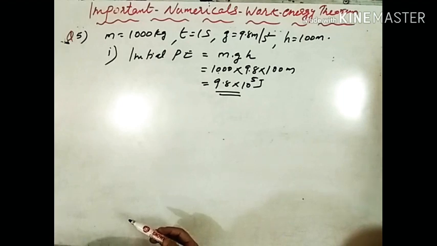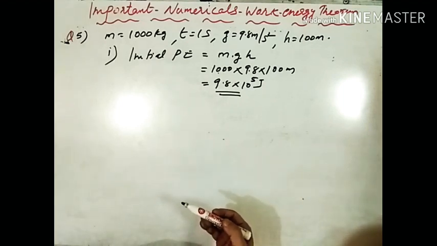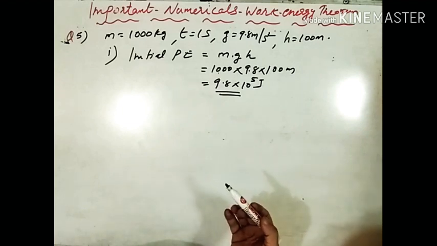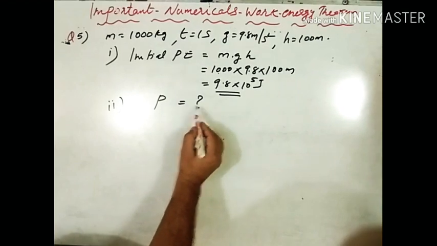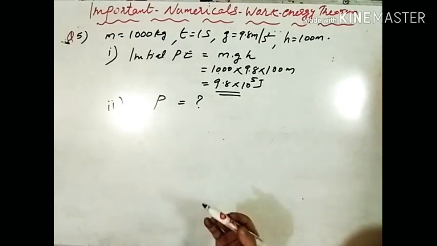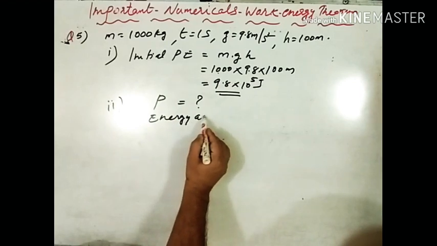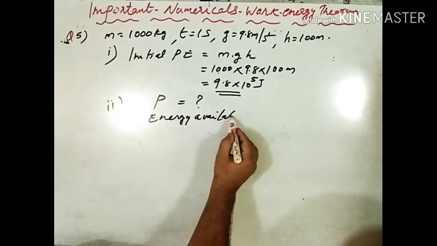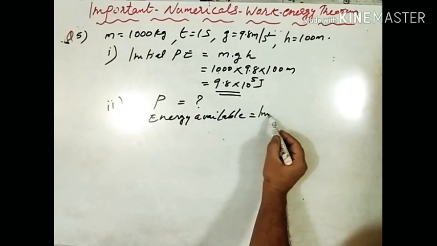Second, assuming that 60% of the energy of the falling water is converted into electrical energy, calculate the power generated. You have to calculate the power generated. What is the energy available to us? That is equal to the initial potential energy.